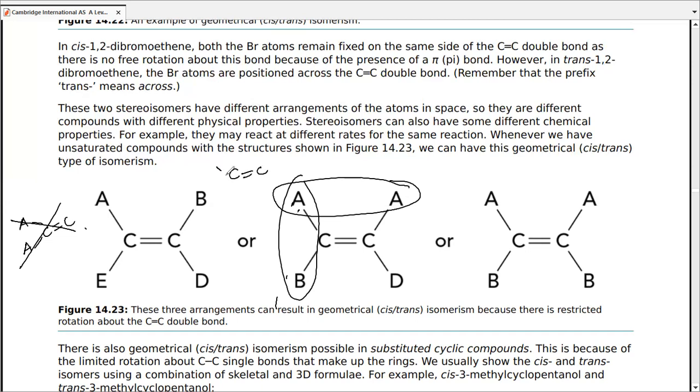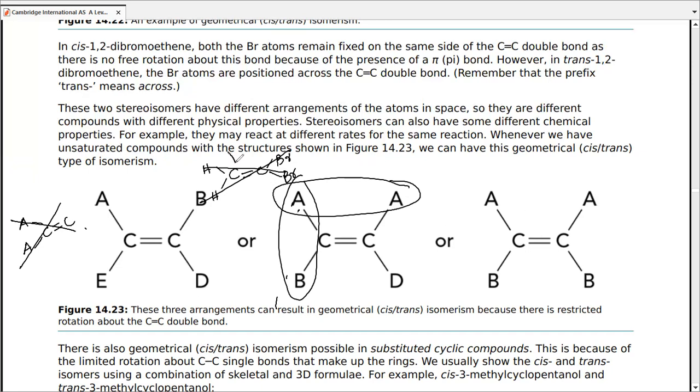if I have this H and Br, this is not exactly a geometrical isomer. This does not even fall under the category. Or even if one side is the same, it won't fall under the category.